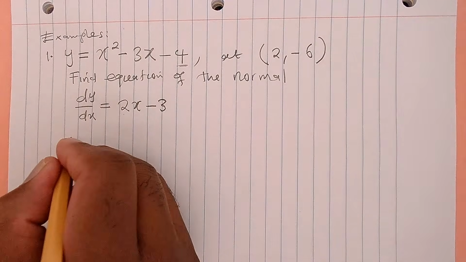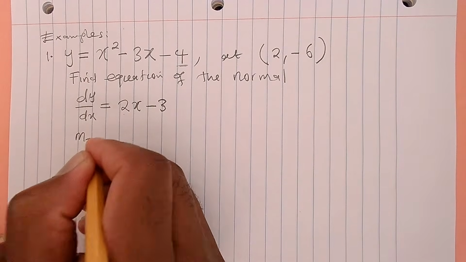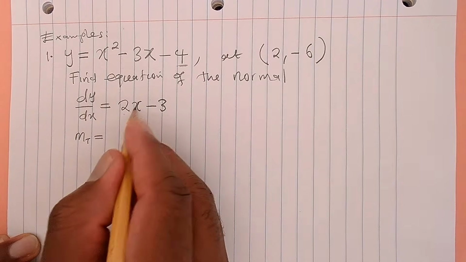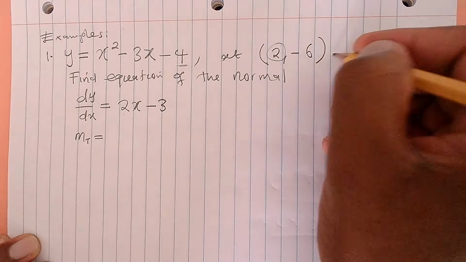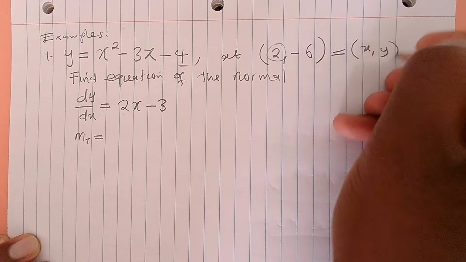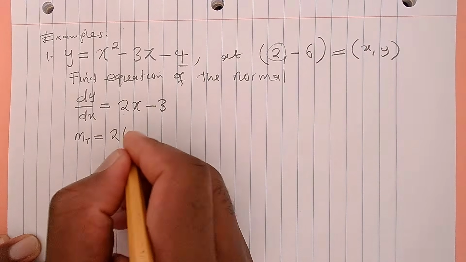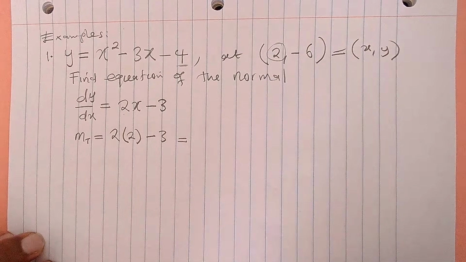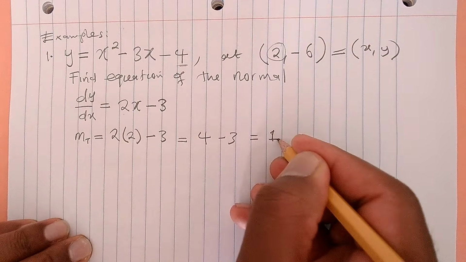So what this means is that m sub t, the slope of the tangent, is found by substituting the value of x. X is 2 in the coordinate, which is x comma y. So we substitute 2 here: 2 times 2 minus 3, which is 4 minus 3, equal to 1.